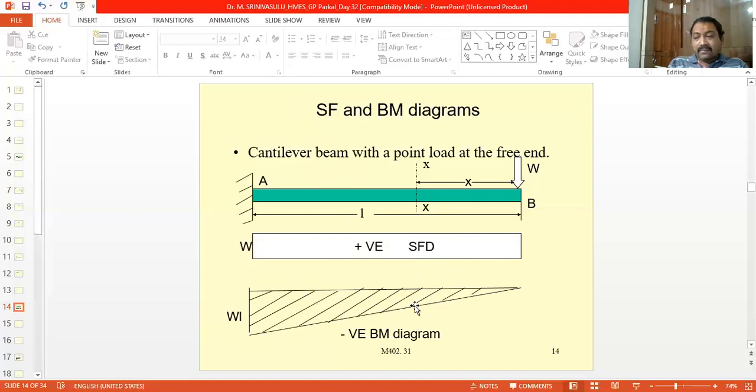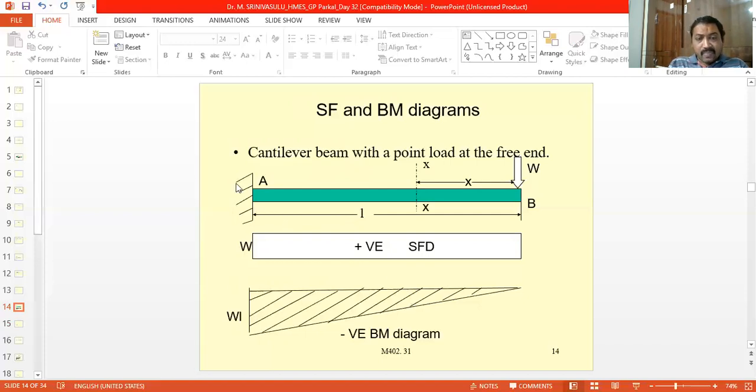Because the force is acting downwards to the right of the section, and it is causing a clockwise moment to the right of the section. Therefore, it is a negative bending moment diagram. That's why it is minus W into x here.